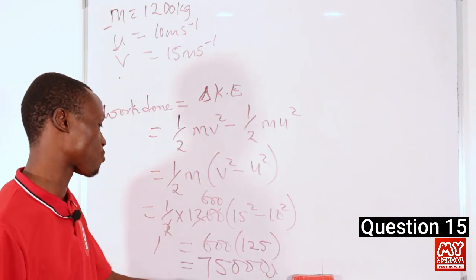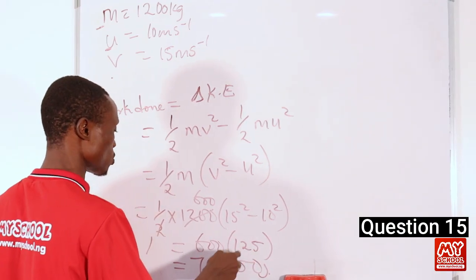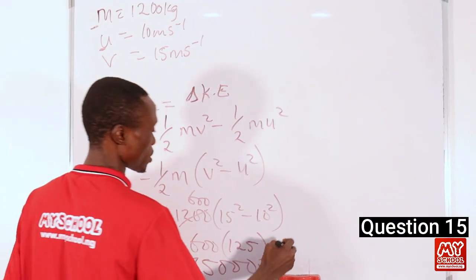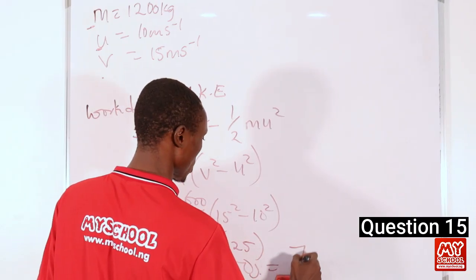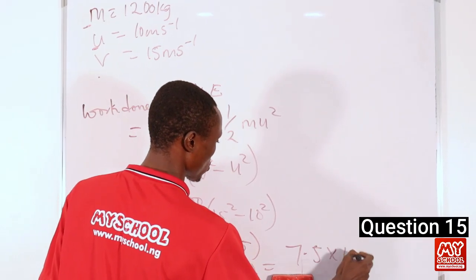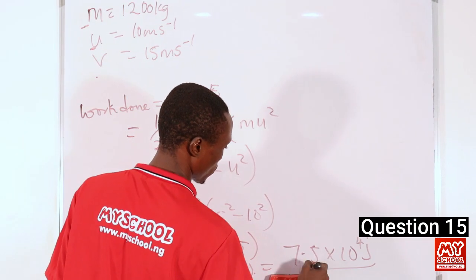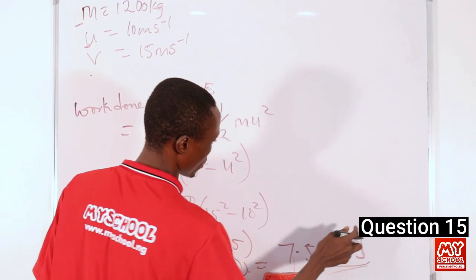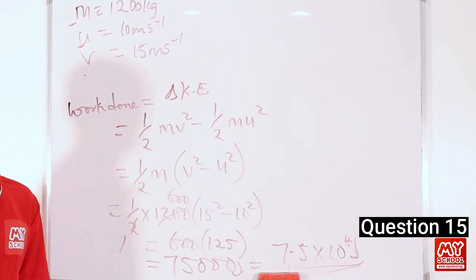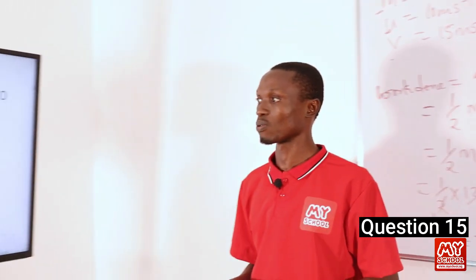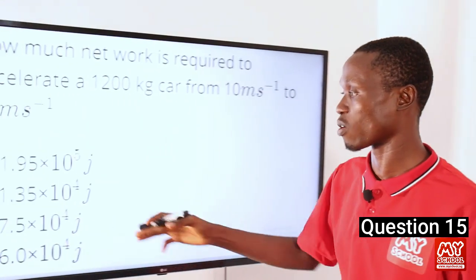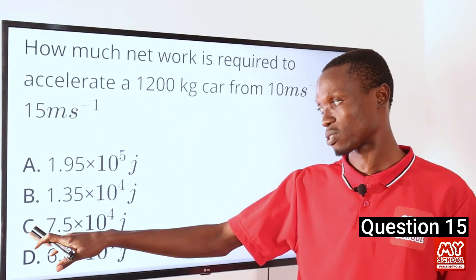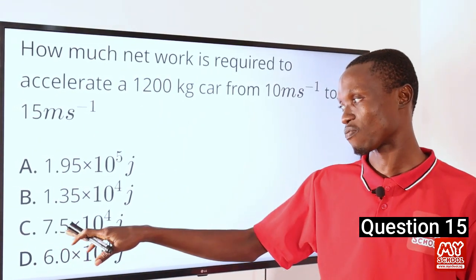If we put this in standard form, moving 1, 2, 3, 4 places, it is equivalent to 7.5 times 10 raised to the power 4 joules. Let's move over to the screen to pick the correct option. From our calculation, the correct option to this question is option C, 7.5 times 10 raised to the power 4 joules.